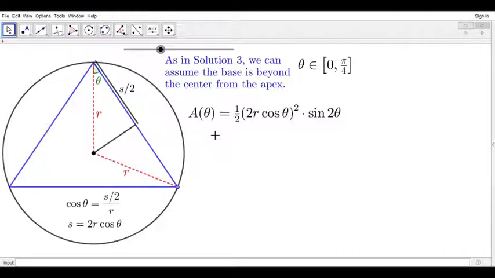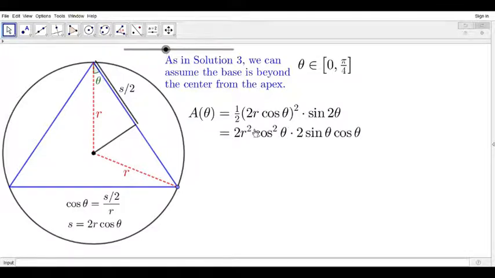Now, currently we're seeing two angles, theta and 2 theta. Towards the end, we're going to have to do a conversion, probably, so that all angles would be consistent. So, before we carry out the differentiation, why don't we replace sine of 2 theta as early as now with an equivalent expression involving only theta standalone?